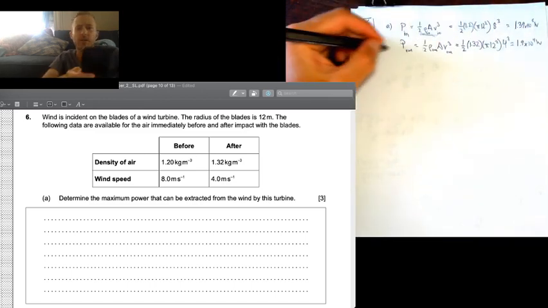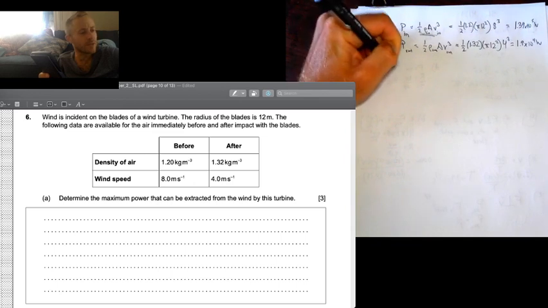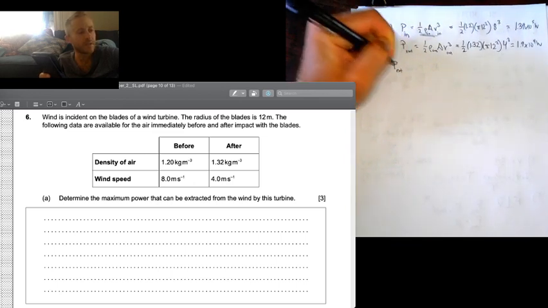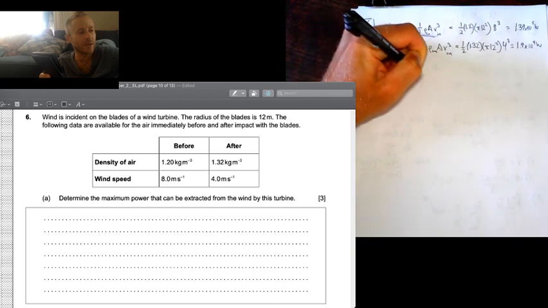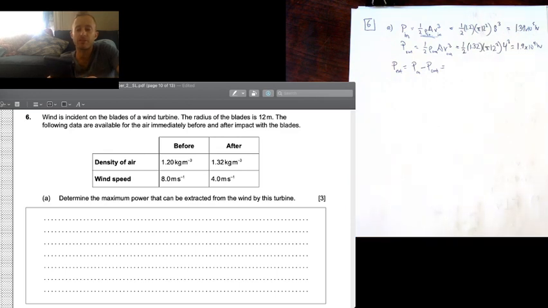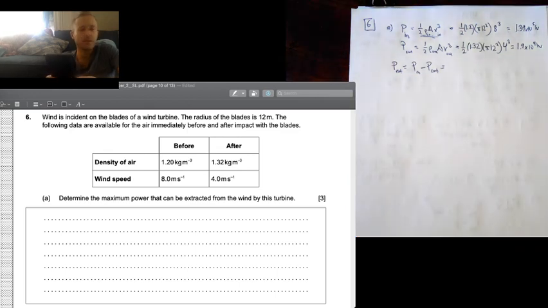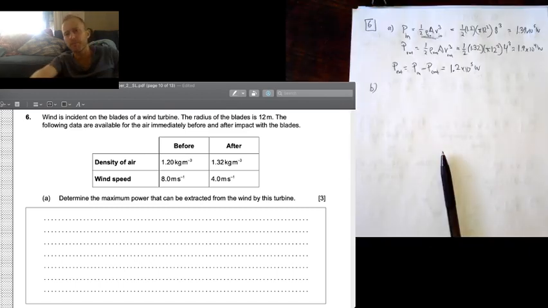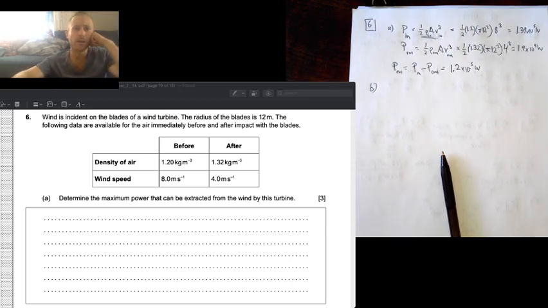So the power that's extracted is going to be the power that goes in minus the power that goes out. All right, so I'm just going to subtract those two numbers. And I get that. That's all I want to say about that question.